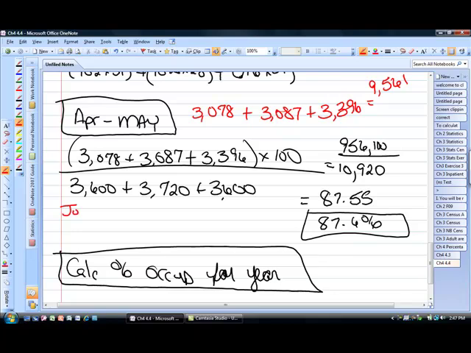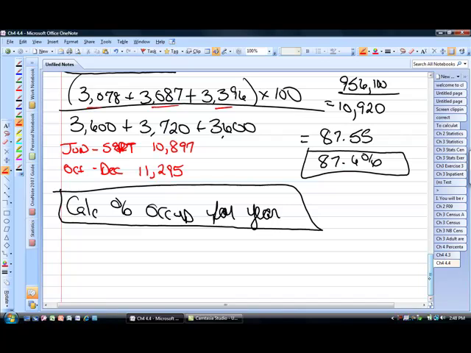For July through September, the total inpatient service days was 10,897. October through December, the total inpatient service days was 11,295, and you would work that exactly as we did here. So what we do is add our 8,682 plus our 9,561.